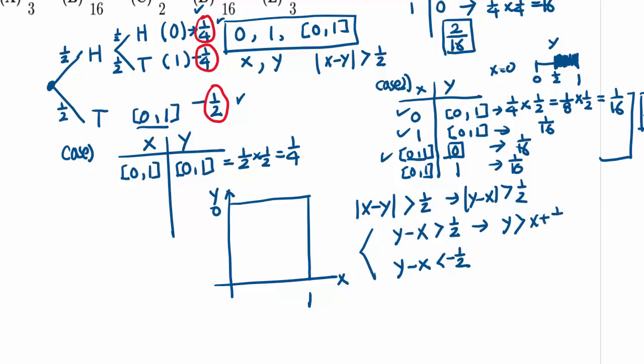From here, y is greater than x plus 1/2, and y is less than x minus 1/2. Where is x plus 1/2? The line y equals x plus 1/2 has slope 1, and greater than is this side.